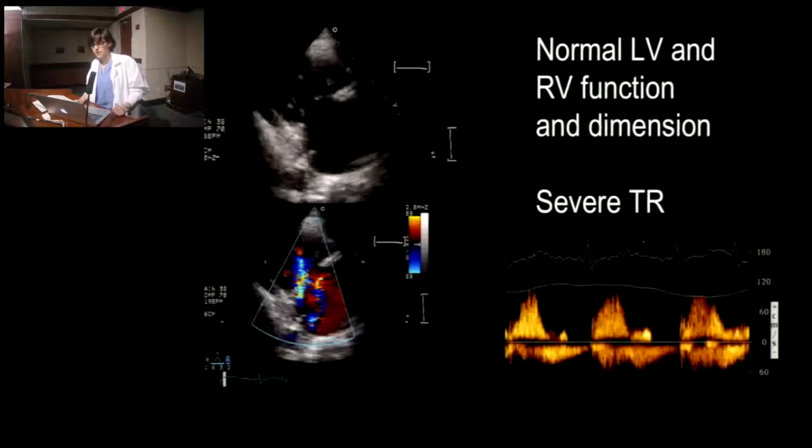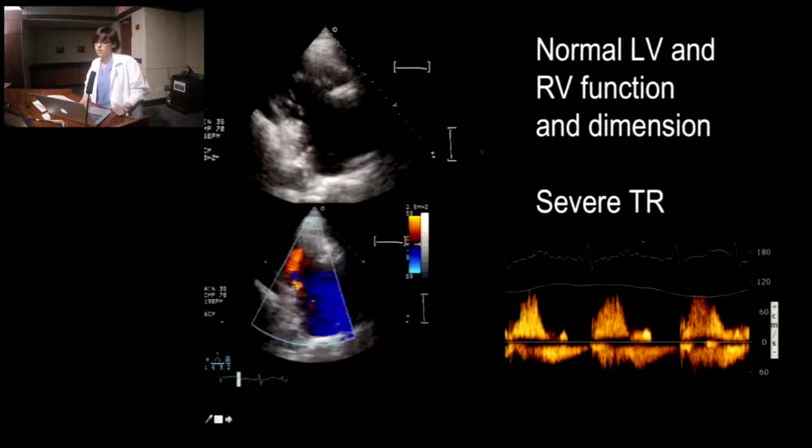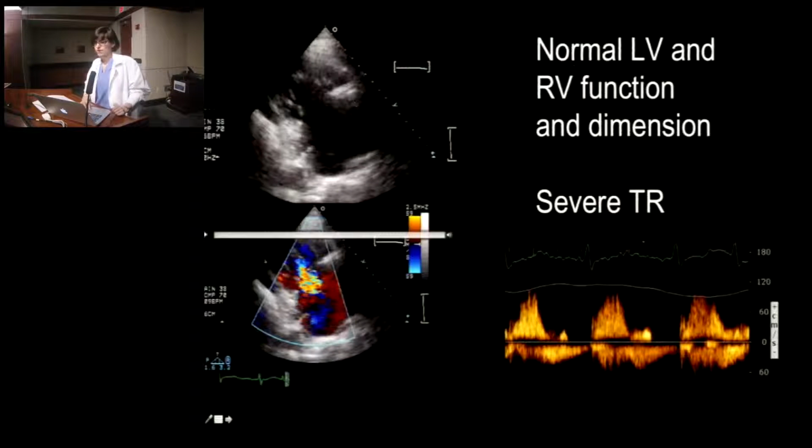Looking at her TR, modified parasternal long axis here, we see reduced coaptation area, enlarged annulus, and a color Doppler, which is significant for severe TR, as confirmed by the Doppler analysis on the subhepatic vein flow, showing here a total reversal of the systolic flow.